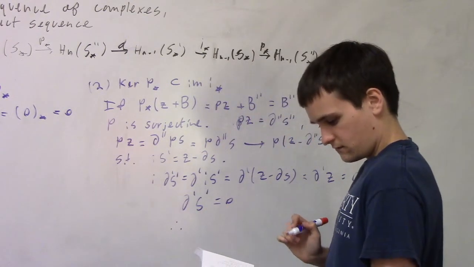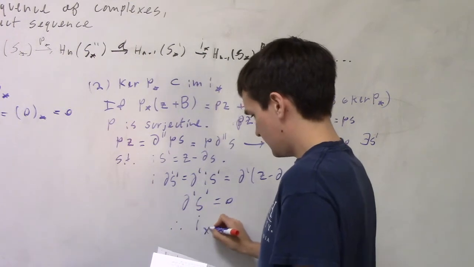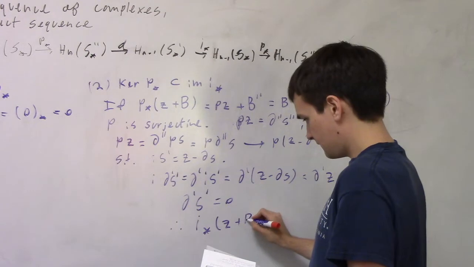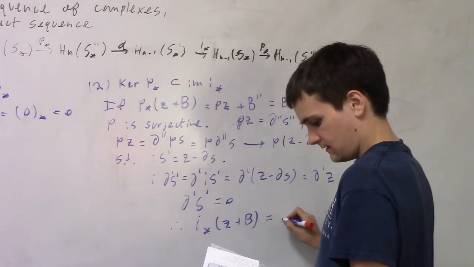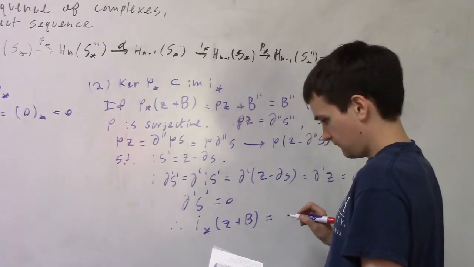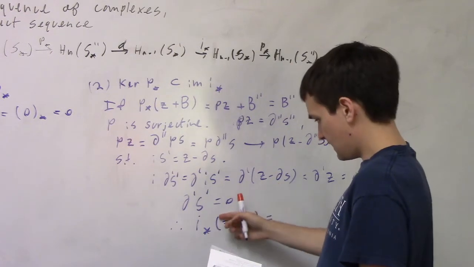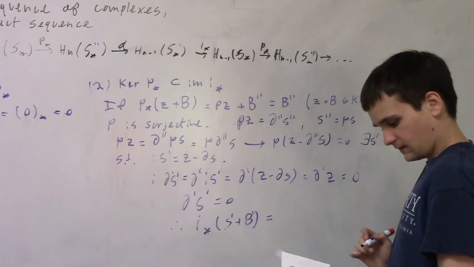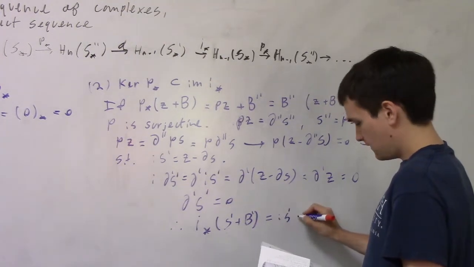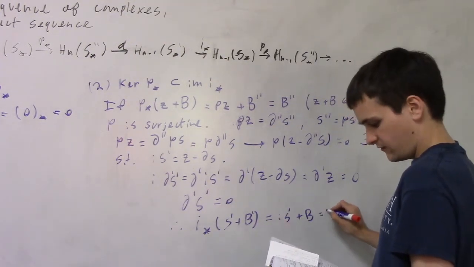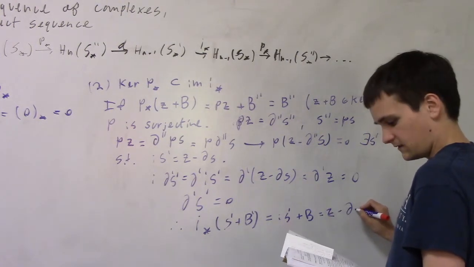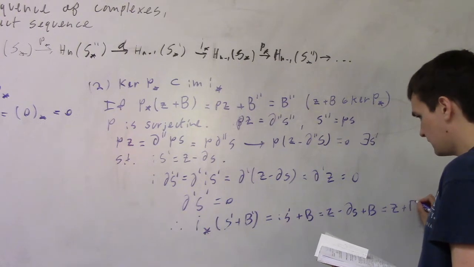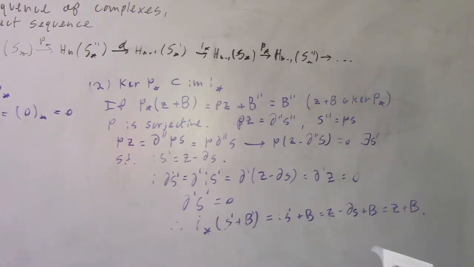Can't, therefore, prove this. But reduce map z plus b is equal to, oh, this should be s. Is equal to I S prime plus b, which is equal to z minus partial s plus b, which is equal to z plus b.